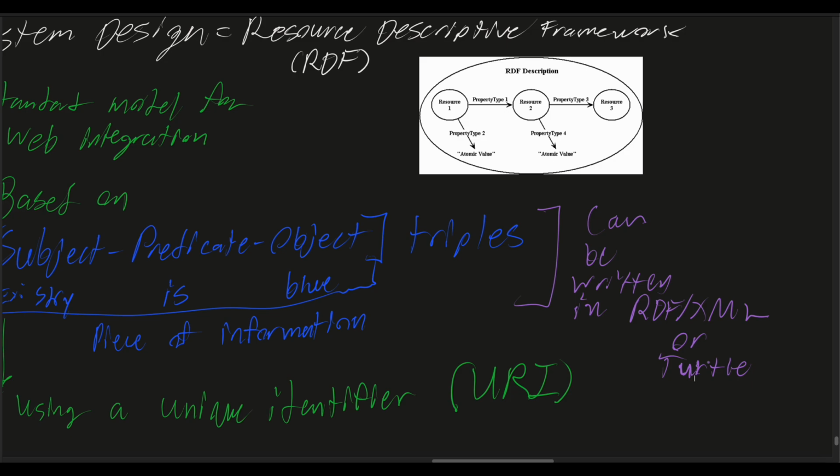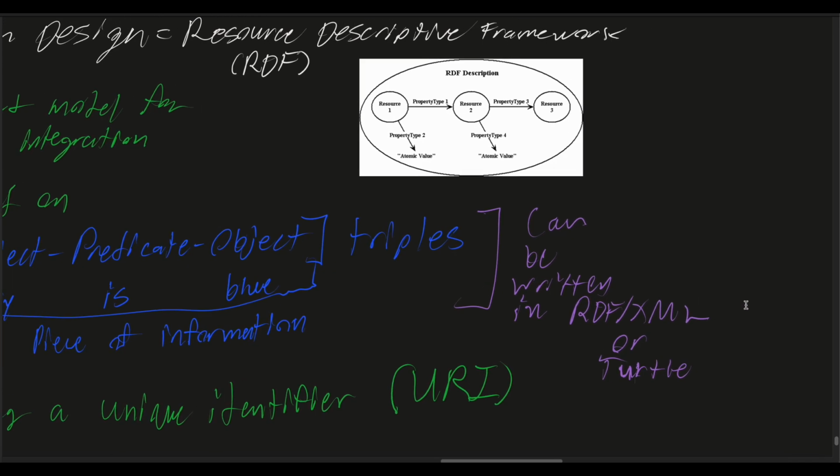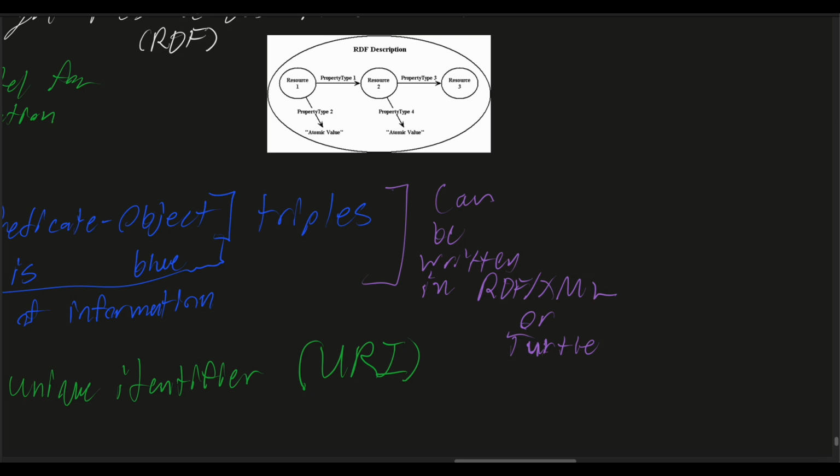Turtle is a more human readable format, making it the preferred choice for many. For those who need to work with machine-friendly code, RDF/XML is an option, and there are tools such as Apache Jena which can convert the data between these formats, making RDF flexible in general.